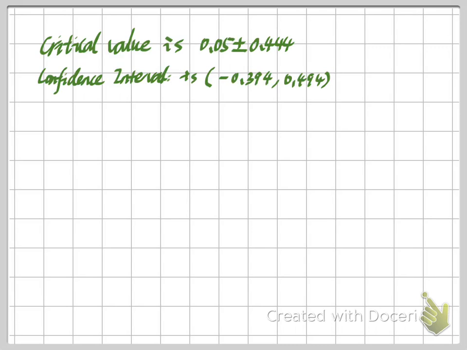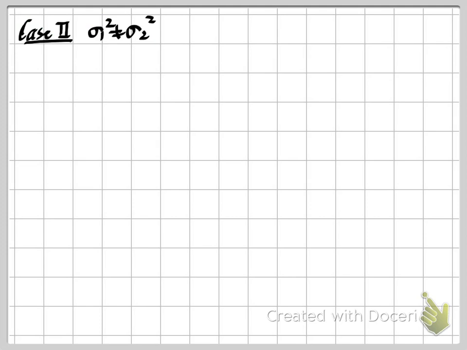This is the case where we can't assume equality between sigma 1 and sigma 2. So what should we do? We will use the first sample variance, S1 square, to replace our sigma 1 square, and then use the second sample variance, S2 square, to replace our sigma 2 square.